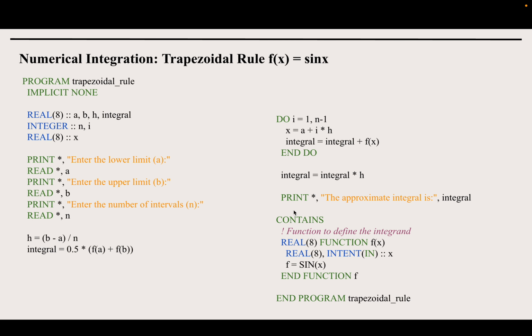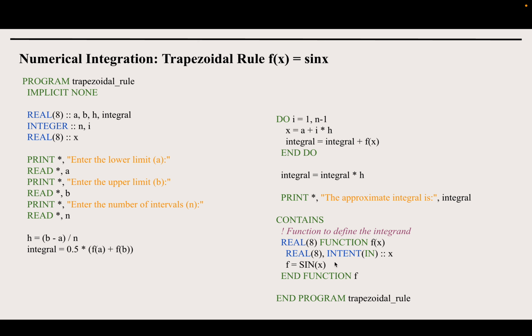Next we want to print our result, and also the function for which we are doing the calculation, that we have not taken yet, so we will take that inside this function.